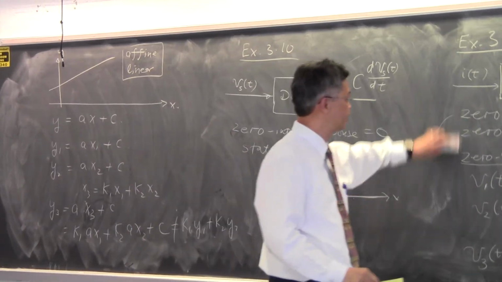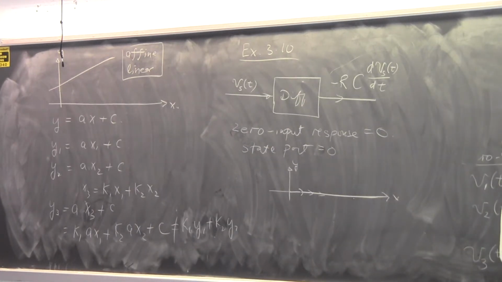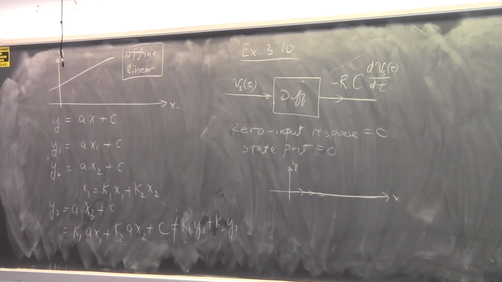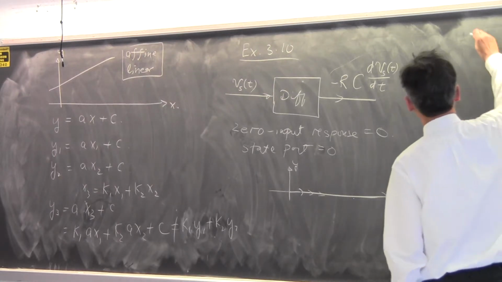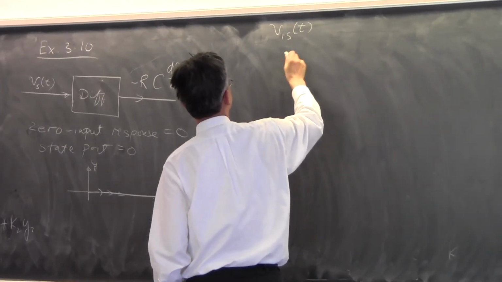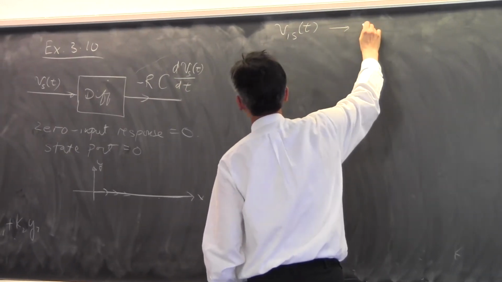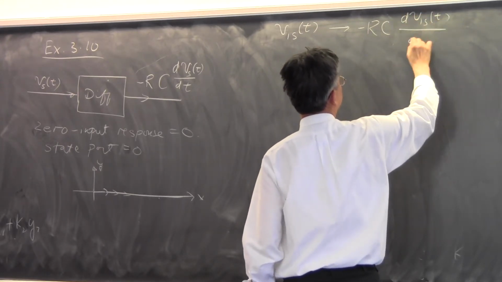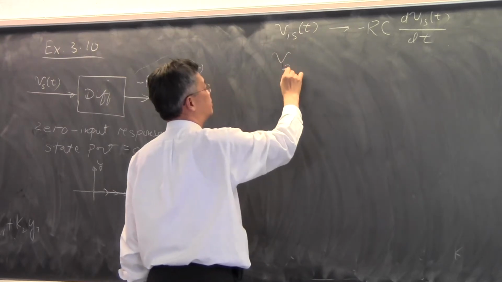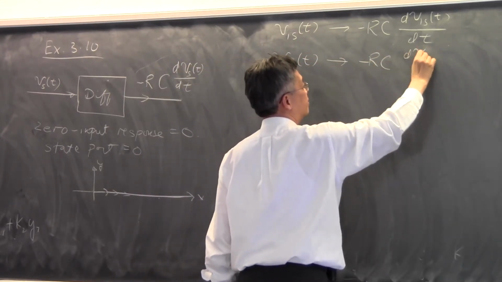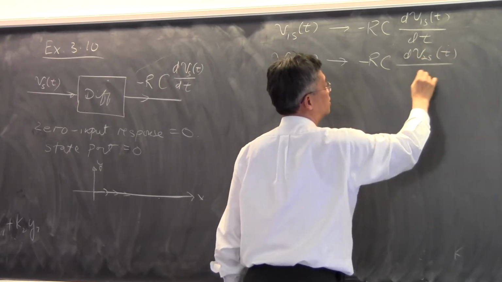You can go through your test again. Is the output linear with respect to the input? If I have V1s(t) as my input, then the output is minus RC dV1s/dt. If V2s(t) is my input, then my output is given by this one, minus RC dV2s/dt.